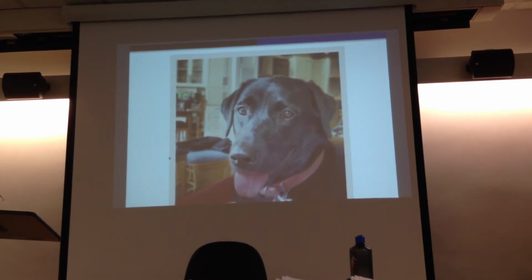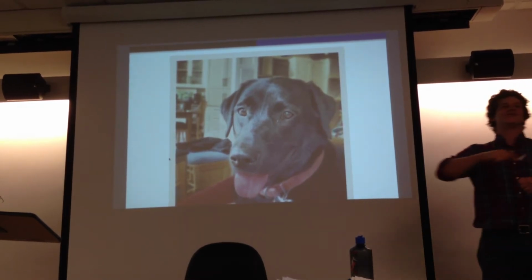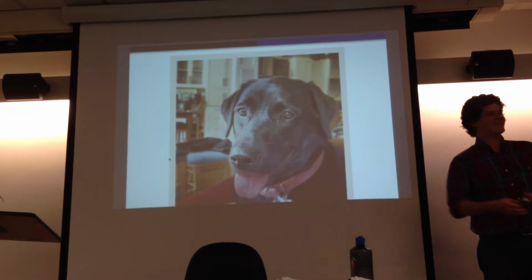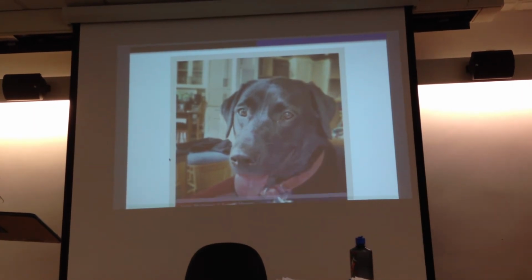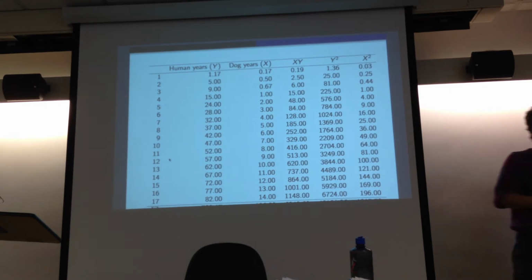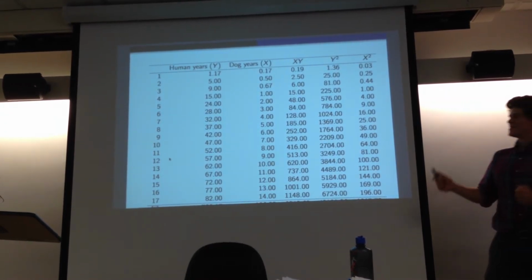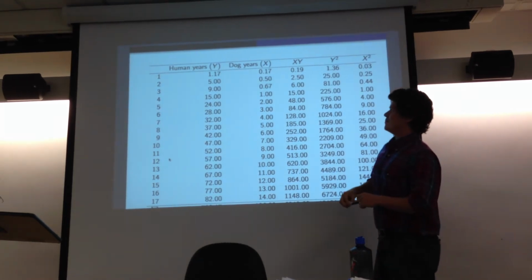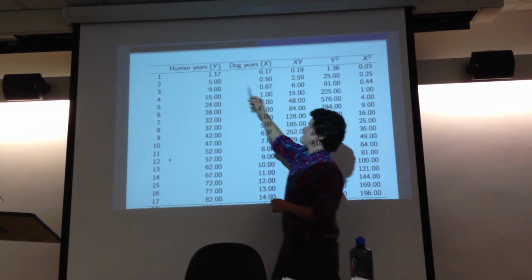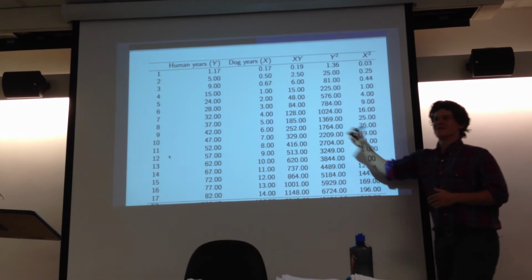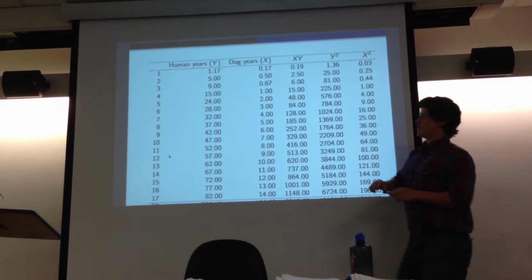So if your dog's 1 year old, he's equivalent to a 7-year-old child. However, that's not exactly true. Some dog scientists actually mapped out what true human years map to dog years, and ended up with this data here.